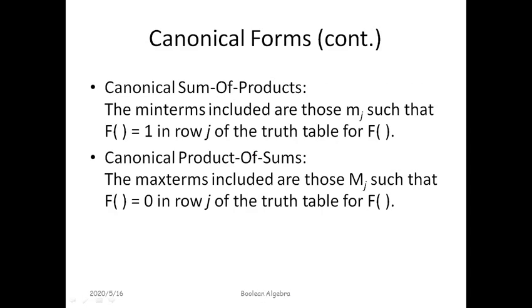Whereas for the product of sums, we consider those outputs where f is equal to 0. So when f is equal to 0, those are the parts that we consider under the canonical product of sums.